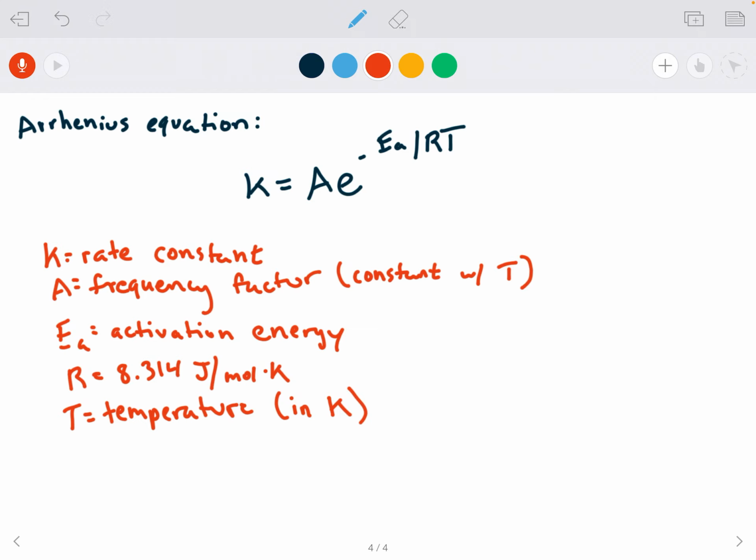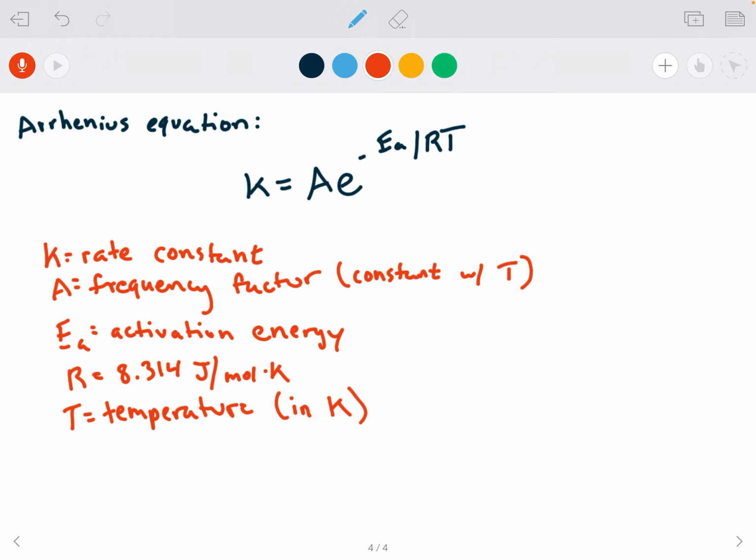And you can check these out by going through and plugging in for each of these different variables while holding the other ones constant. So you can keep activation energy constant and put in two values of T to determine how the temperature is affecting the rate of that reaction. You can do the same thing with activation energy and hold the temperature constant, right?